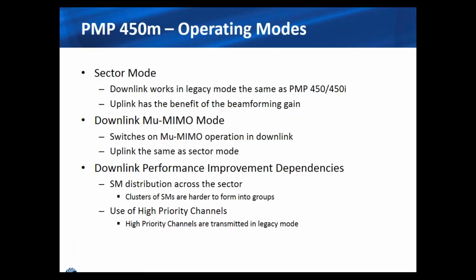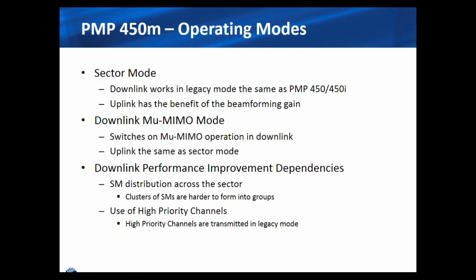On the uplink, 450M is always using multiple beams, and this usually improves the modulation mode that can be used for a given receive level. 450M will often show a reasonable improvement in uplink throughput when compared with the PMP 450 and a small improvement over 450i. If the existing network is already using 256 QAM, which is the highest modulation in the uplink, then this is the maximum that can be achieved and there will be no improvement.